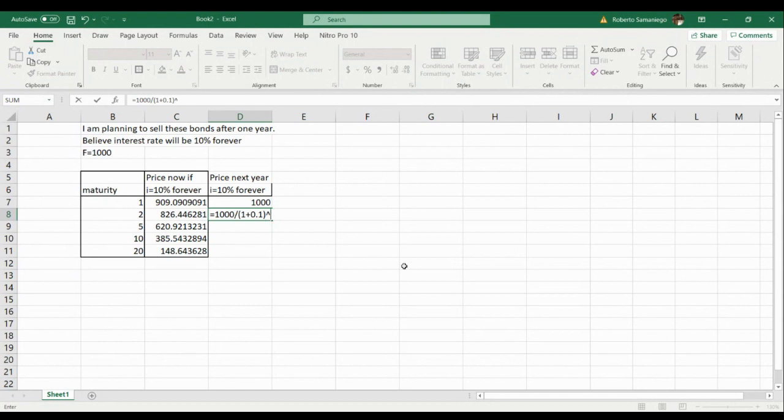So I could do 2 things. One, I could say just to the power of 1, which of course is 1.1. But another thing I could do is instead say, well, actually, it's to the power of this maturity over here, but 1 year has passed, so actually there's only 1 year maturity left, so it's that to the -1. There.